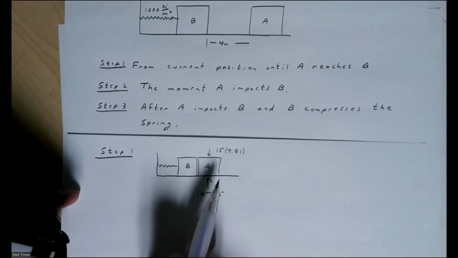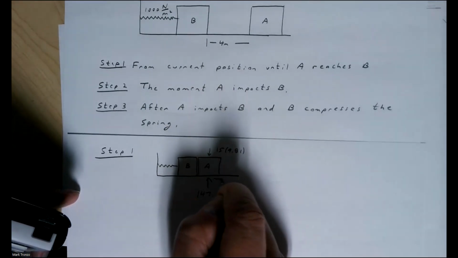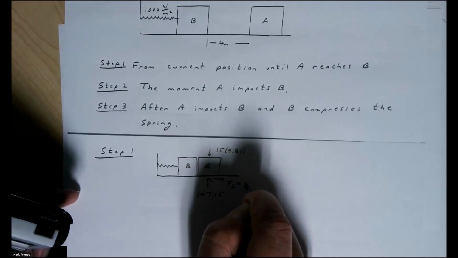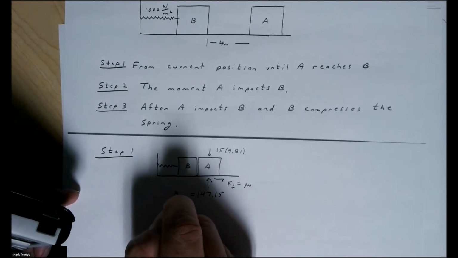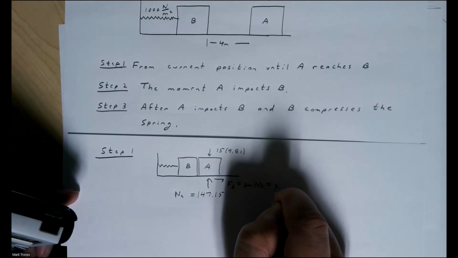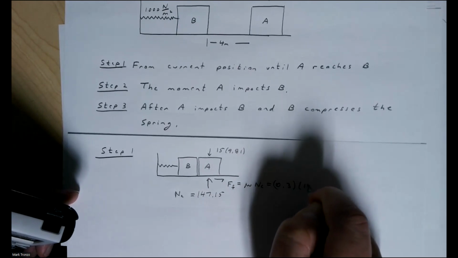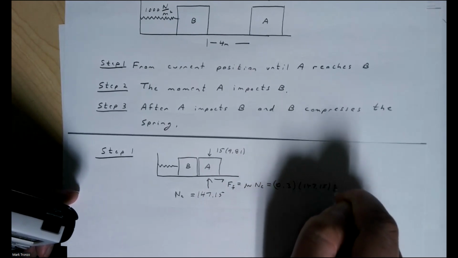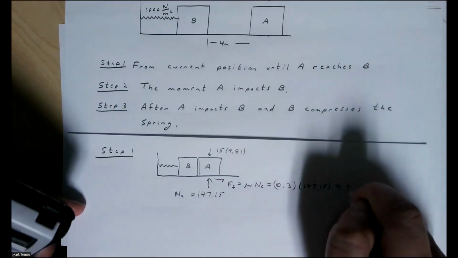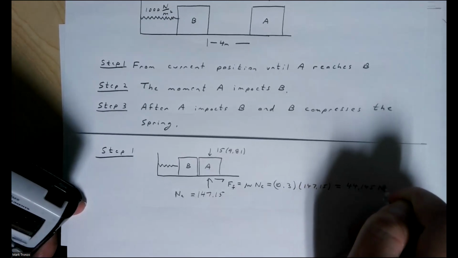And then while it's going from the original position to B, it's going to have friction resisting that. And of course, the friction is always going to be mu times this normal reaction, which we said was 0.3 times 147.15, which is 44.145 newtons.